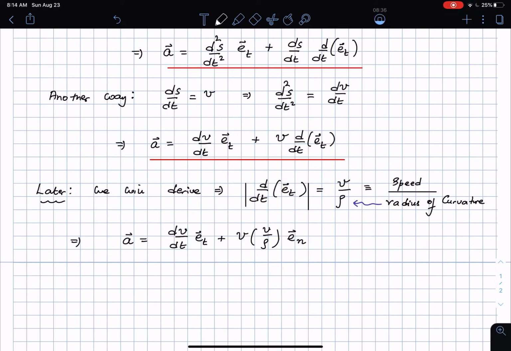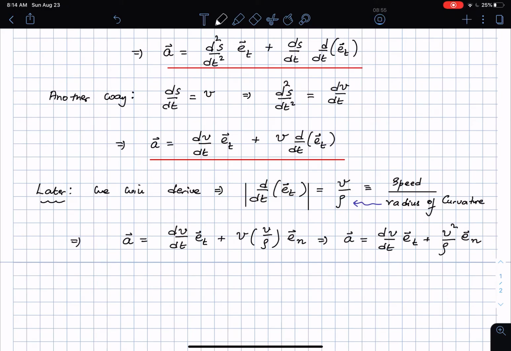Okay, this is something that we will be deriving later. So the acceleration vector is going to be dv by dt e_t plus v squared by rho e_n. This is not information that is used right away.